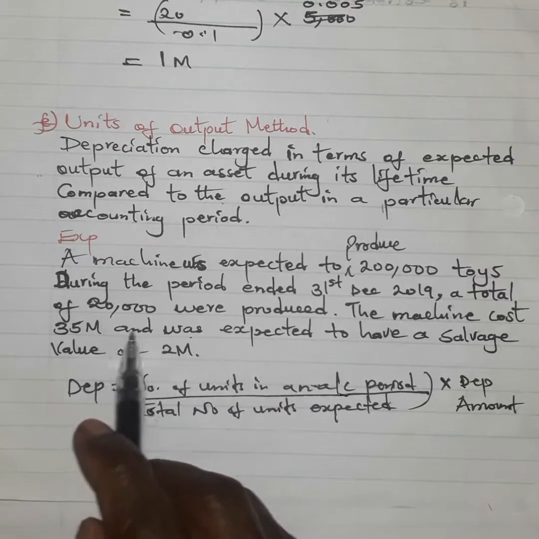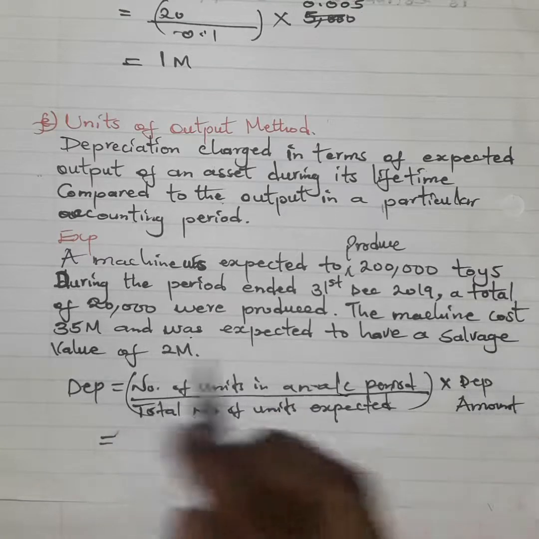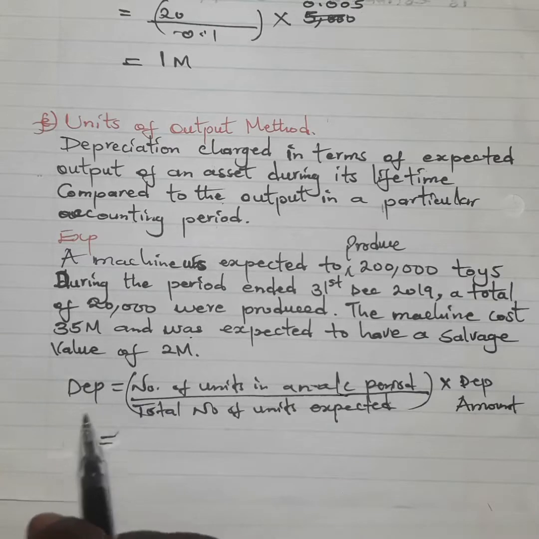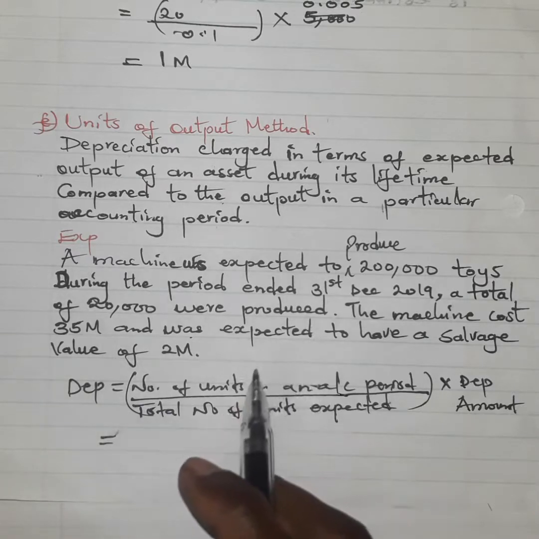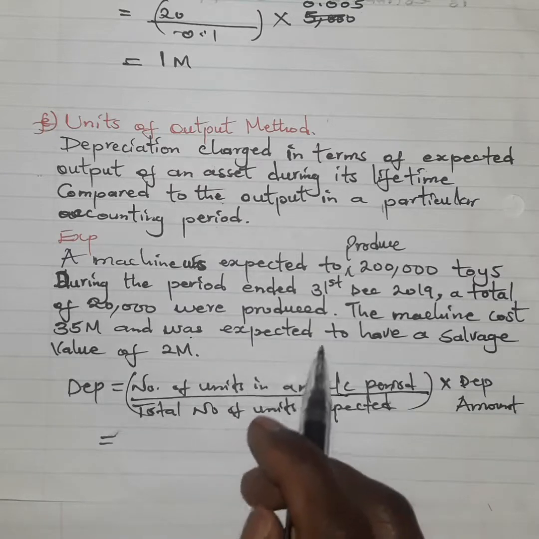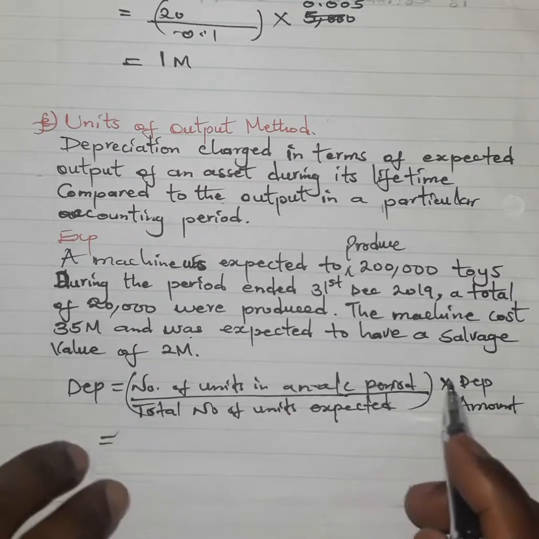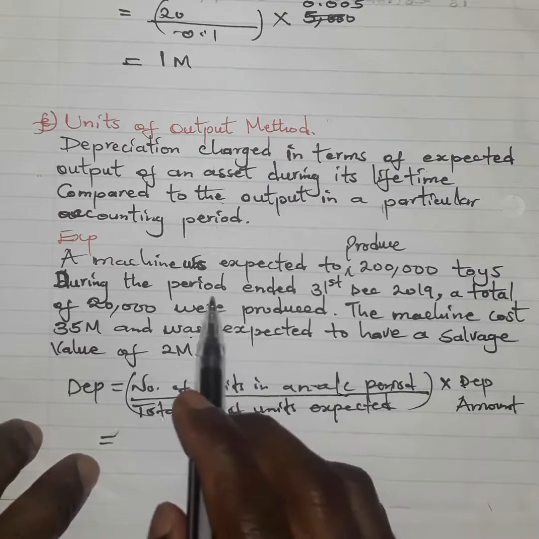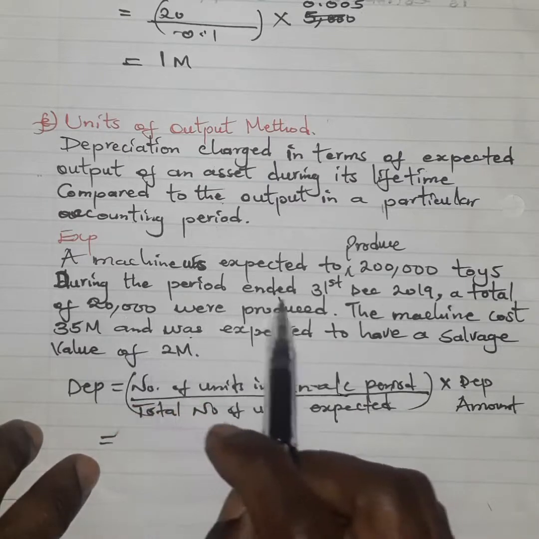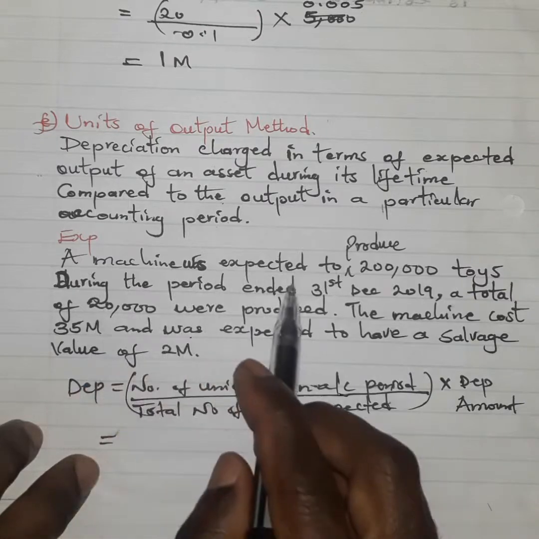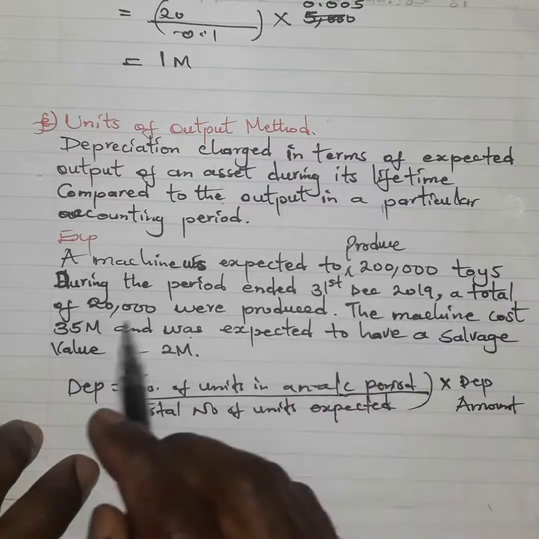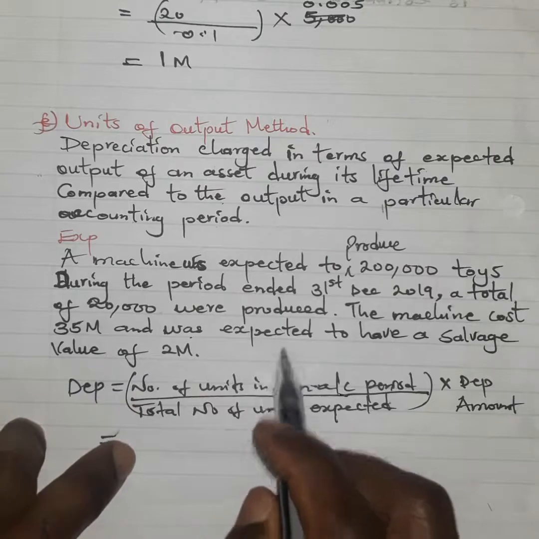Now we are going to use this to get the depreciable amount. So in this example, we are supposed to get what was expected versus what was produced. You are given that during the period ended 31st December, a total of 20,000 were produced. So this is the accounting period.